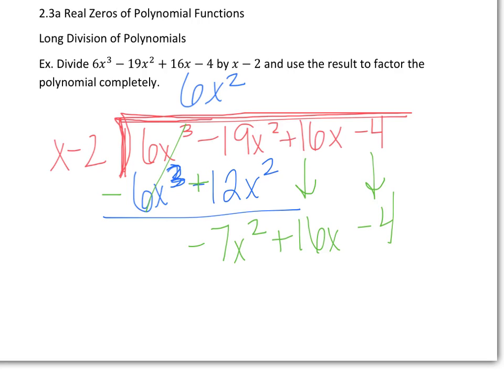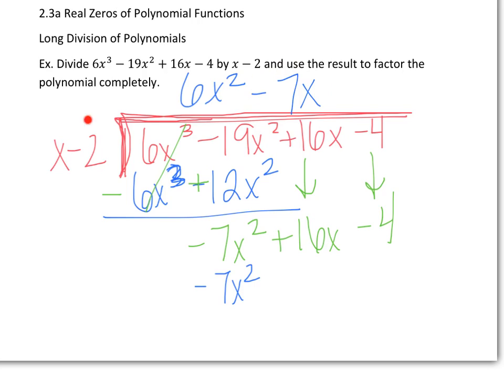And now I'm going to repeat. So now I'm looking at, what do I have to multiply by x to get negative 7x squared? That's going to be negative 7x. Negative 7x times x is going to be negative 7x squared.